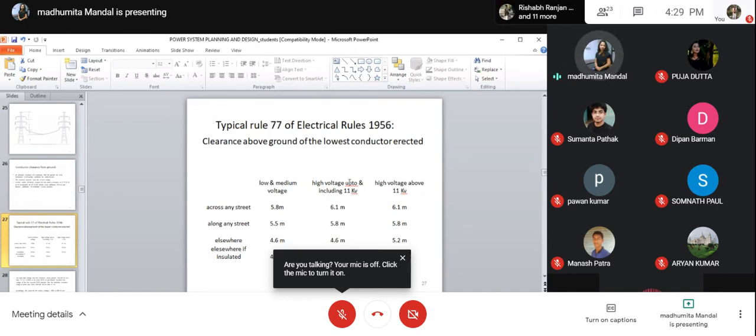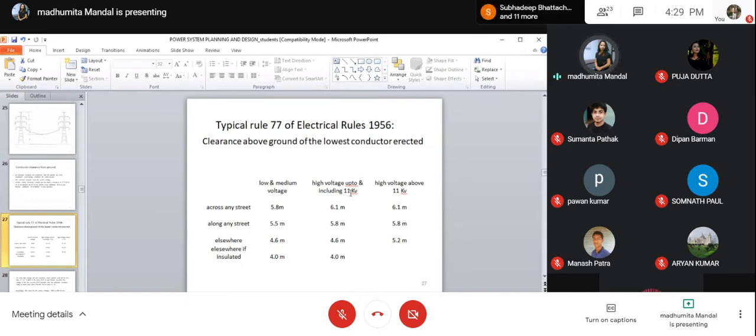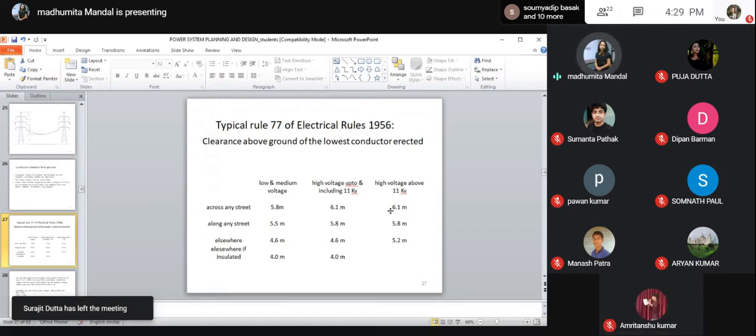Then for high voltage up to 11 kV, across any street the minimum clearance will be 6.1 meter, along any street 5.8 meter, elsewhere 4.6 meter. And above 11 kV, that is for 33 kV, across any street it is 6.1, along any street 5.8, and elsewhere 5.2.